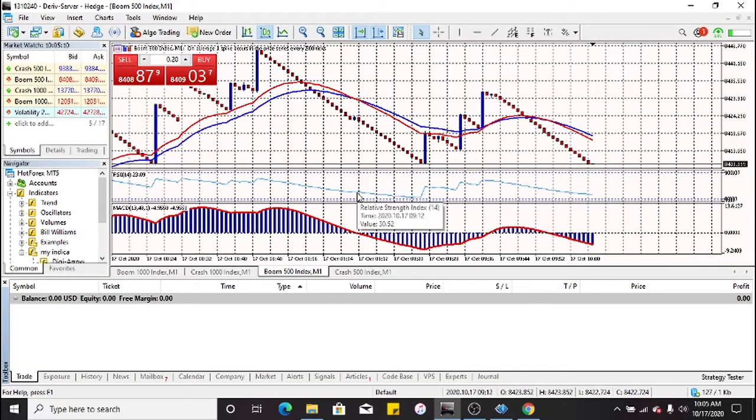Okay my people, like I said, this is how we're going to use these two indicators to capture the spikes.